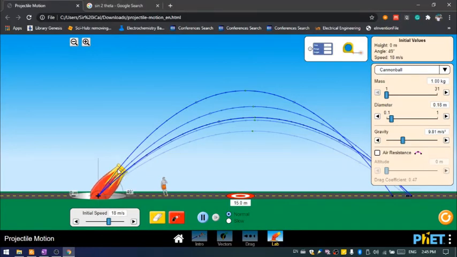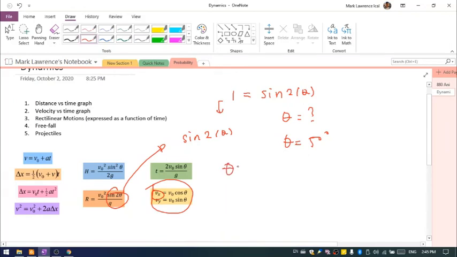Fire in the hole. So baba, no? So why is it that the maximum angle is a 45 degrees angle, and not 50?